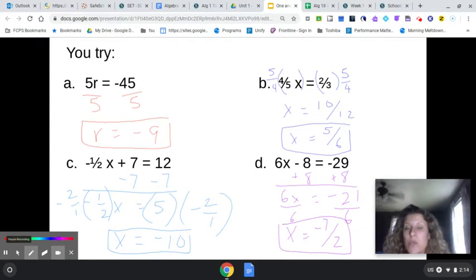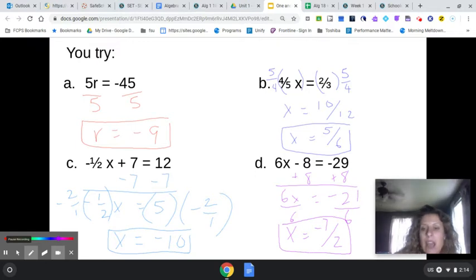So if we divide both the 10 and the 12 by 2, we get the reduced form. X equals 5 sixths. Okay, part C, we got x equals negative 10. And then D, x equals negative 7 halves.